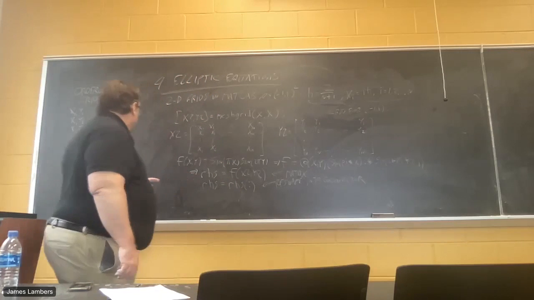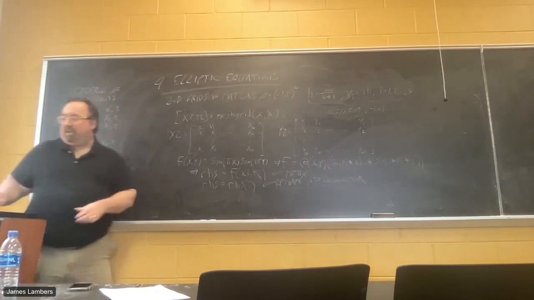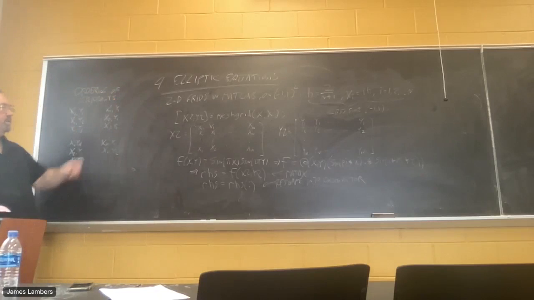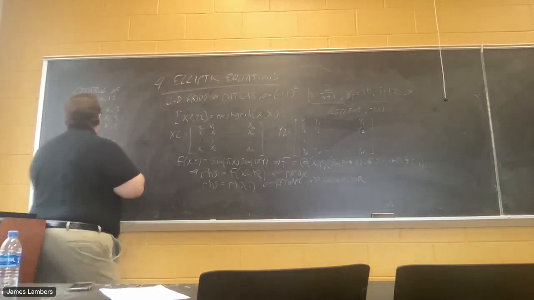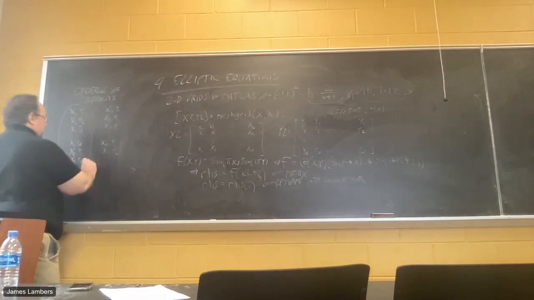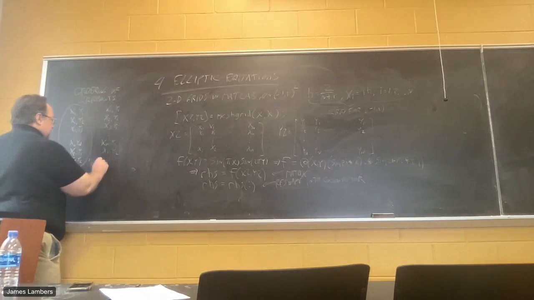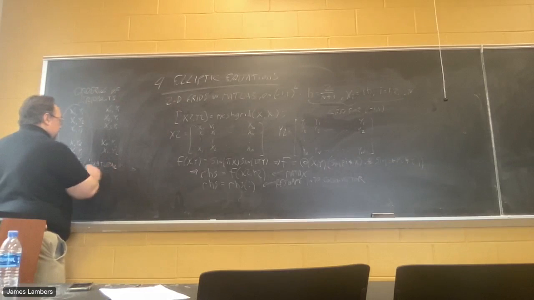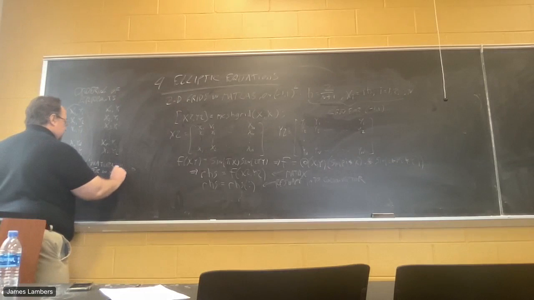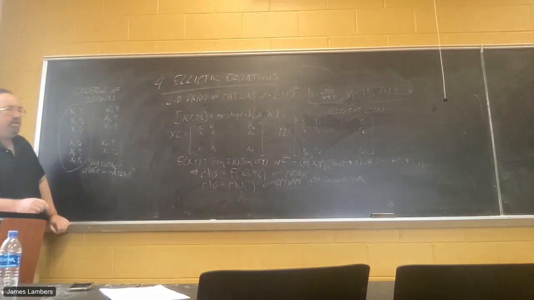In other words, the natural way for Matlab to order points in a 2D grid, if you're using meshgrid and then reshape, is this ordering. Why? Because Fortran uses column major ordering. Therefore, Matlab does too.